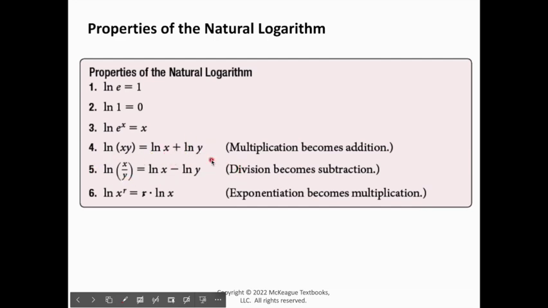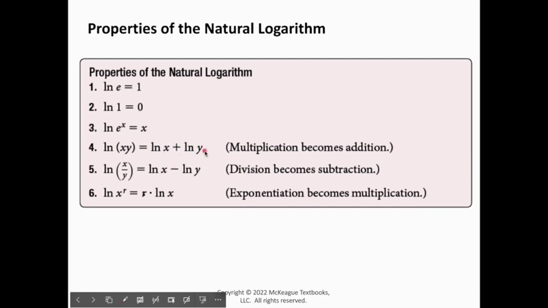Number 5 stems from the quotient rule in exponents, where if you are dividing two numbers that have the same base, you want to subtract the exponents. So if you have a quotient in here, you can rewrite it as two separate logs with a subtraction. Now, this one here, the order doesn't matter.